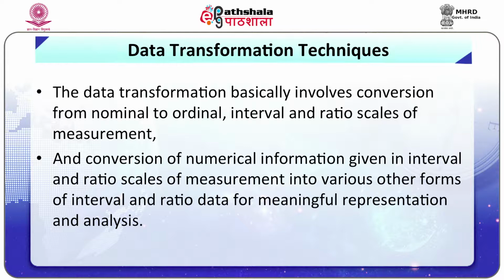The data transformation basically involves conversion from nominal to ordinal, interval and ratio scales of measurement, and conversion of numerical information given in interval and ratio scales of measurement into various other forms of interval and ratio data for meaningful representation and analysis.